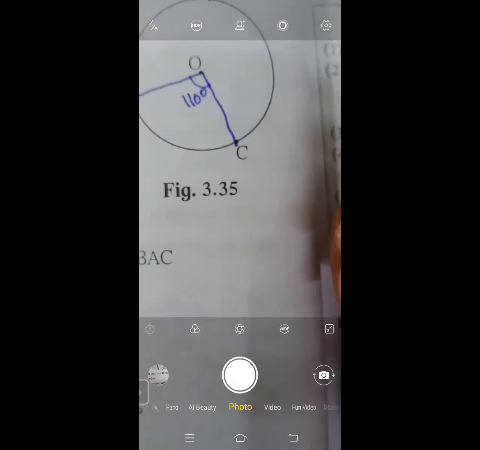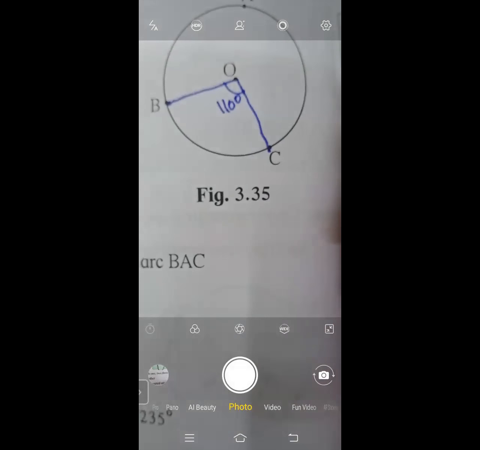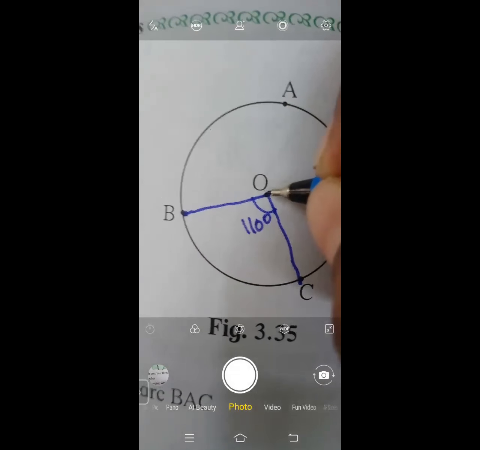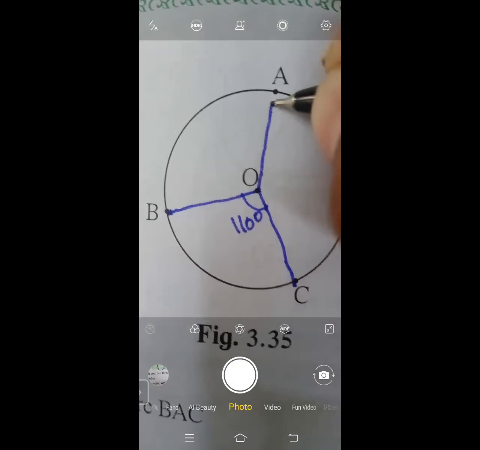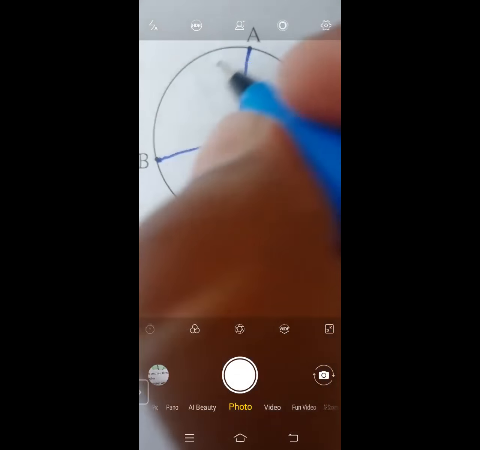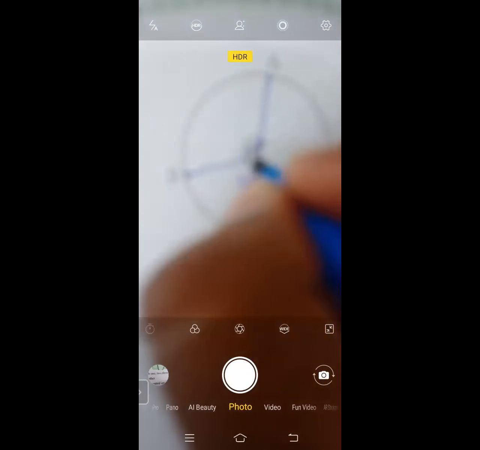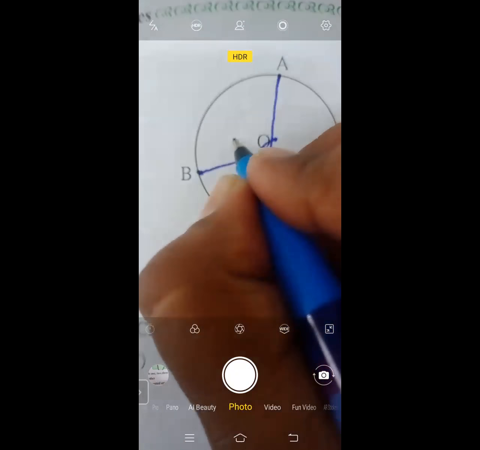This means that the central angle formed by BC is 110 degree. After that, AB. This is the central angle formed for the arc AB. AOB will be the central angle, and this measure is also given, which is 125 degree.